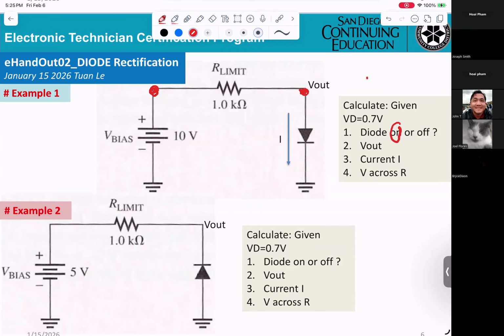You say diode on, you must substitute the diode by a battery, positive here, negative here, voltage equals 0.7 volt.